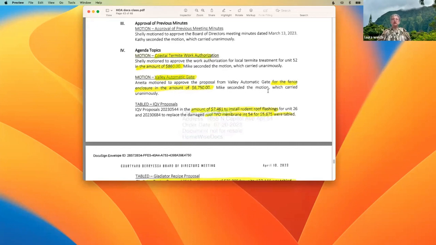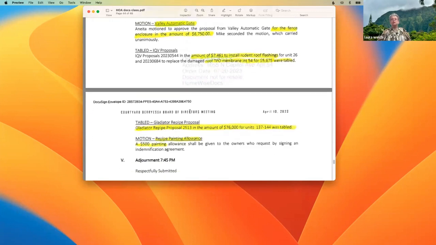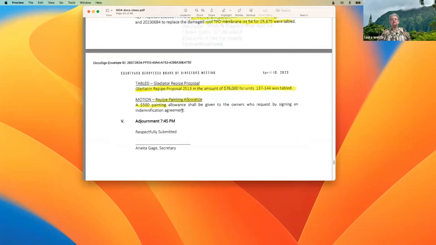There's a gate for 6,000. Here's a proposal for rodent flashing. What I do is I just look up at the maintenance schedule and see if, here's something else. Repiping. Did they plan for this? Is this in the maintenance plan? I couldn't find it when I was looking at their stuff. $76,000.